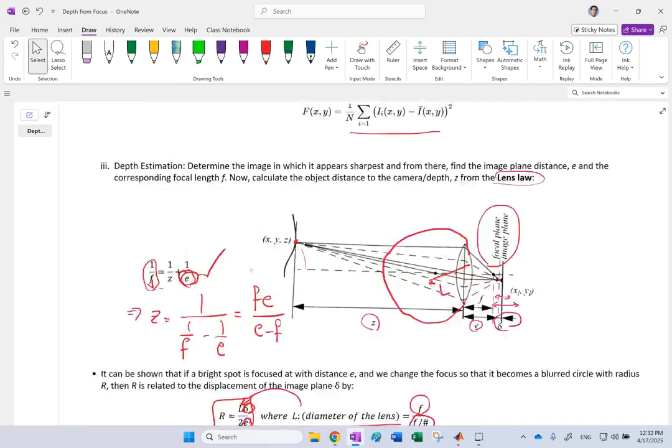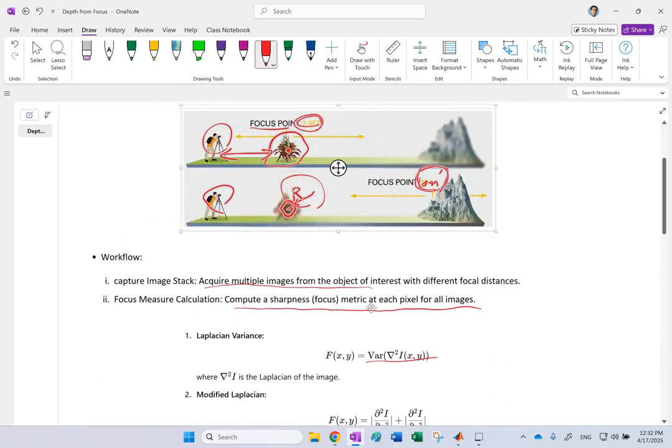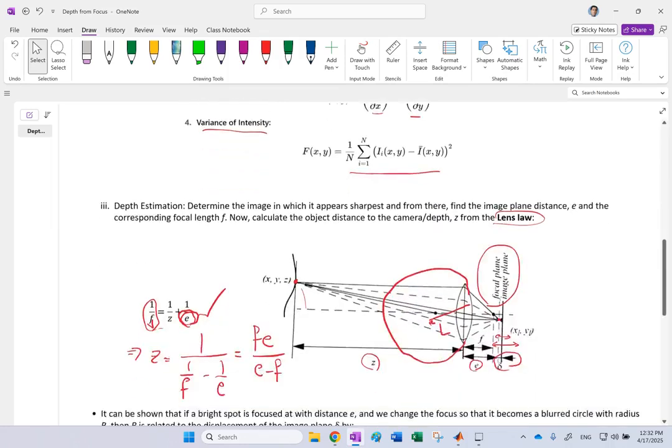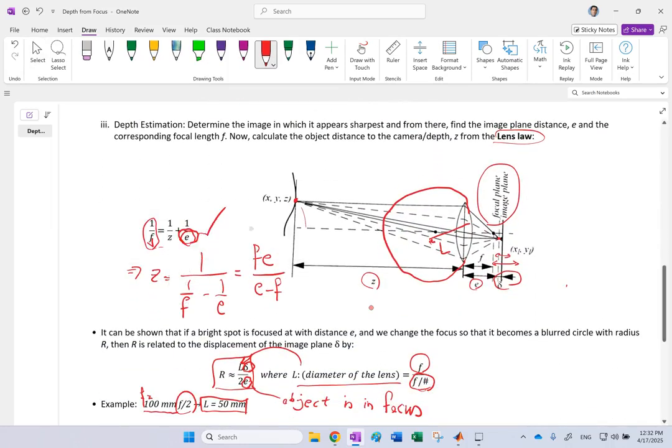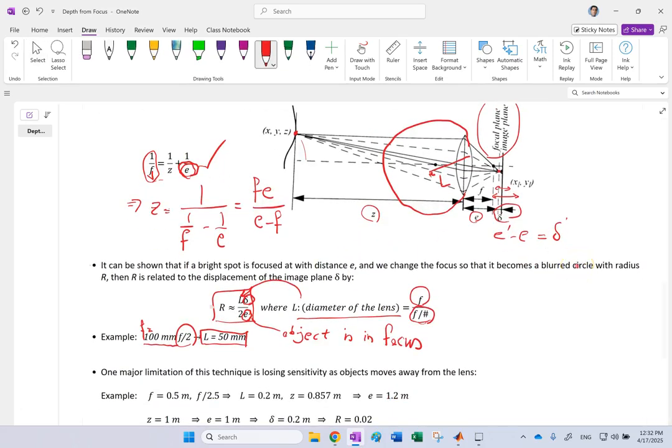Remember I said when it's not in focus, that's where you have a blob with radius r. And when it's not in focus means the E has changed, has moved a little bit. So E goes from E to something like E prime. The difference between E prime and E is what we call delta, the displacement from focus to not focus image plane. And r and delta are related through this linear formula here.